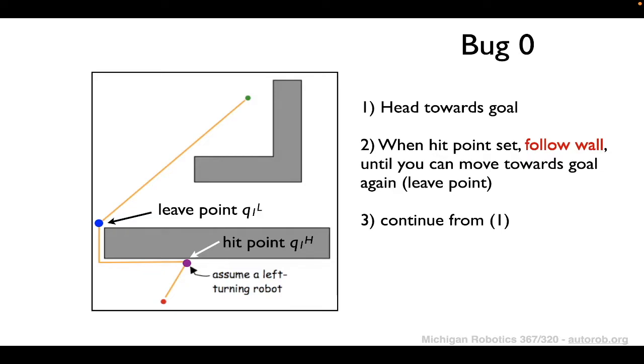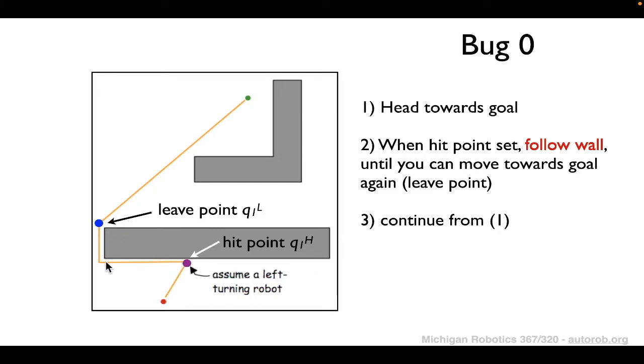So then you would simply head towards the goal again, and if you encountered more obstacles, you would follow this same set of rules. And so in this particular example, what we can see is that given this starting location, which is where my cursor is currently, the first step will be to head towards the goal. The robot will then hit this first world obstacle, so it'll drop a hit point. It will then follow the wall. In this case, we'll assume that the robot will turn left to follow the wall.